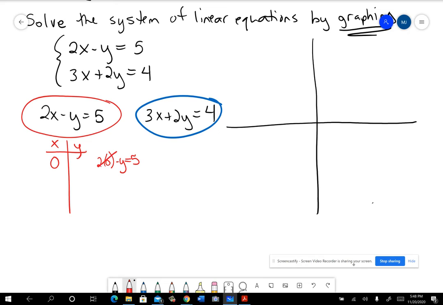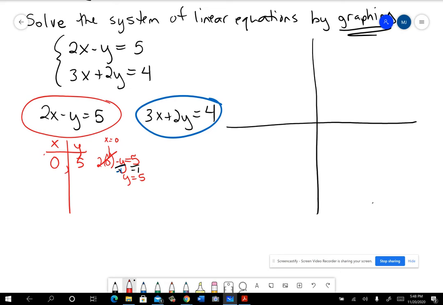So that would be negative y equals 5. So I'd have to divide by negative 1. Let me do that in black. I'd have to divide by negative 1 on both sides to get the y by itself, and the y would turn out to be 5. So when x equals 0, then y is 5.